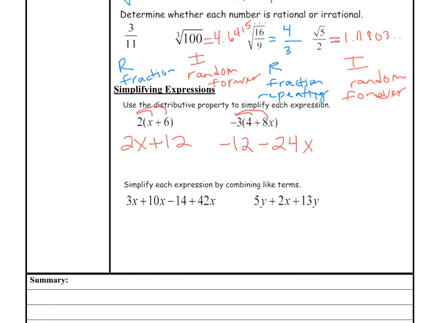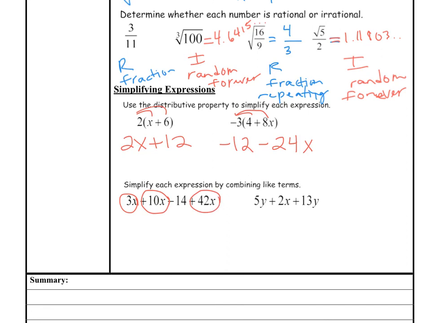Last ones, I have to combine like terms. Remember, things are only like terms if their variable looks the exact same. So x squared and x are not like terms because they're not the exact same. x and y are not like terms, but x and x are. So let's see, I have 3x, that's a like term, to positive 10x, make sure you take the sign in front, and positive 42x.